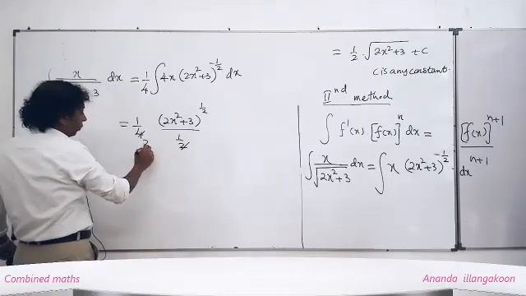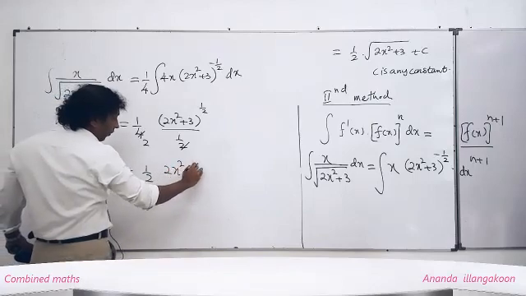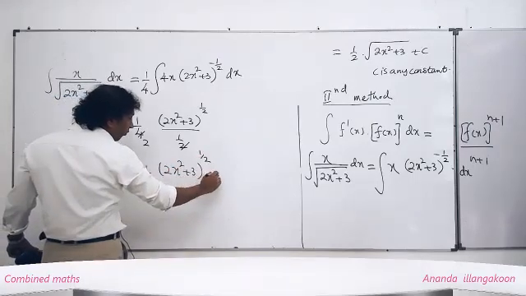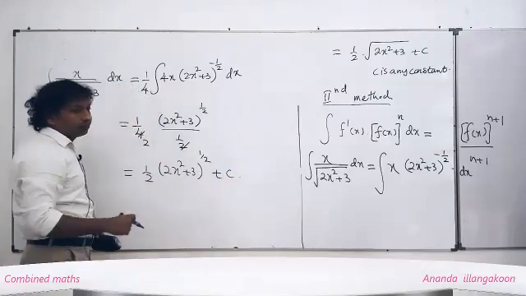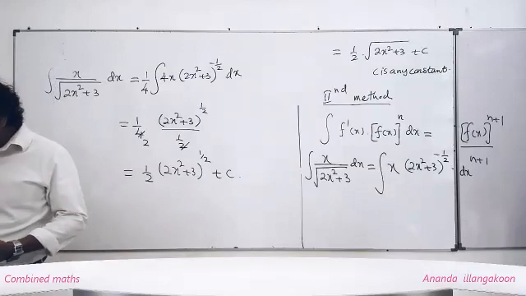Cancelling, we get half root of 2x squared plus 3, with the constant. The same answer comes. That is another way of getting the same answer.